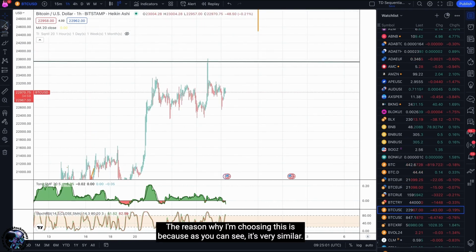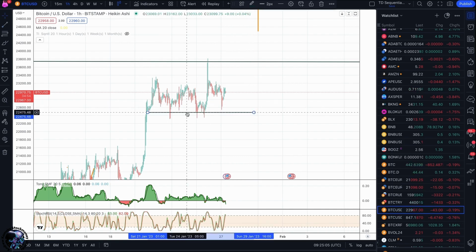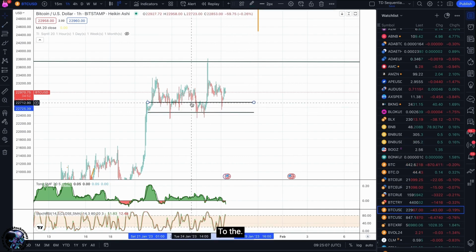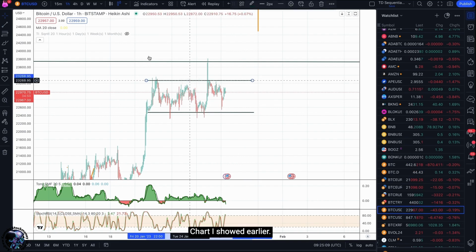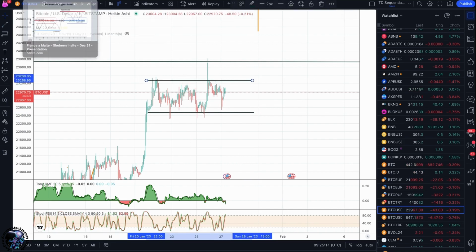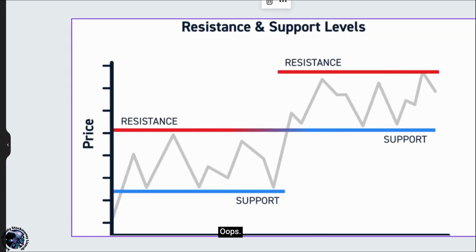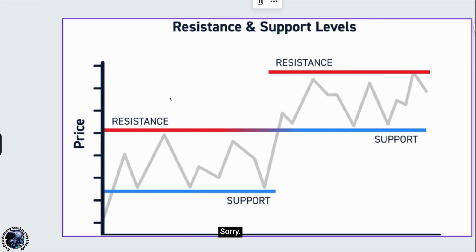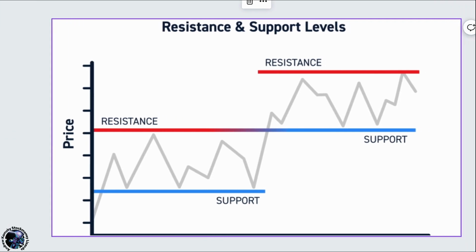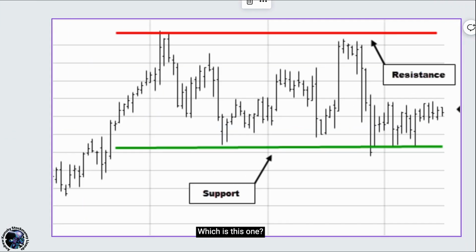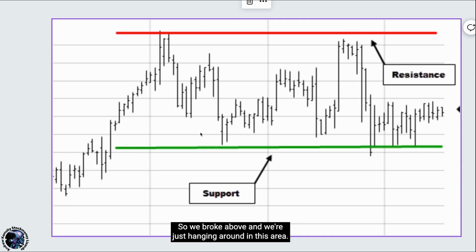The reason why I'm choosing this is because, as you can see, it's very similar to the chart I showed earlier, which is this one.